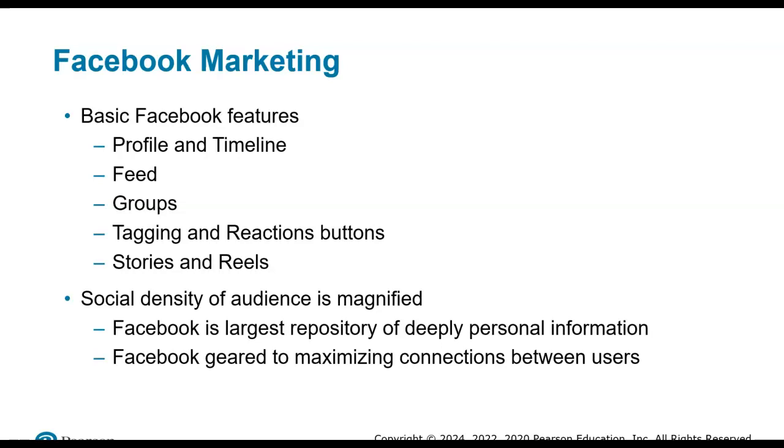Facebook, however, was the first social network to come up with a reactions button, so people could like something, so people could love it, etc. And that really did change the way things were going. Things like stories and reels are attempts by Facebook to keep up with some of the emerging social networks like TikTok and Instagram, to seem similar in terms of their instant types of content.